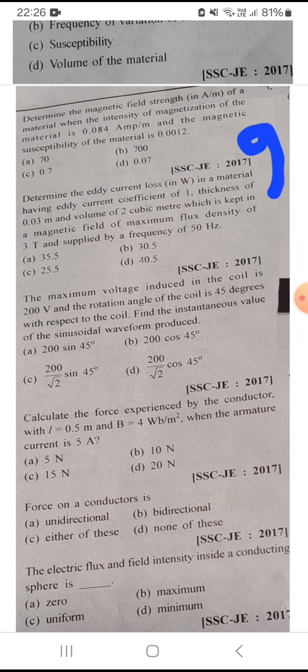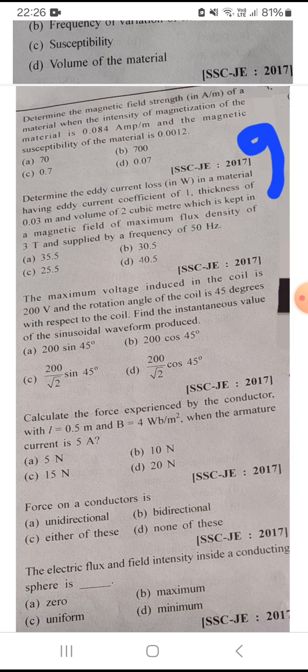So we know that W equal to K into B square into F square into T square into V. So we put that value, that is the W equal to 1 into 3 square into 50 square into 0.03 whole square into 2 equal to 40.5 watt.